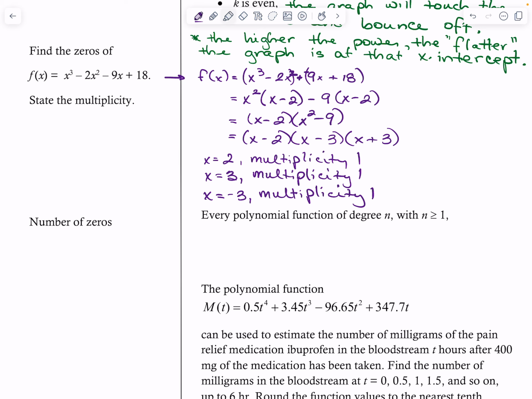Our number of zeros. Every polynomial function with degree n greater than 1 has n zeros.